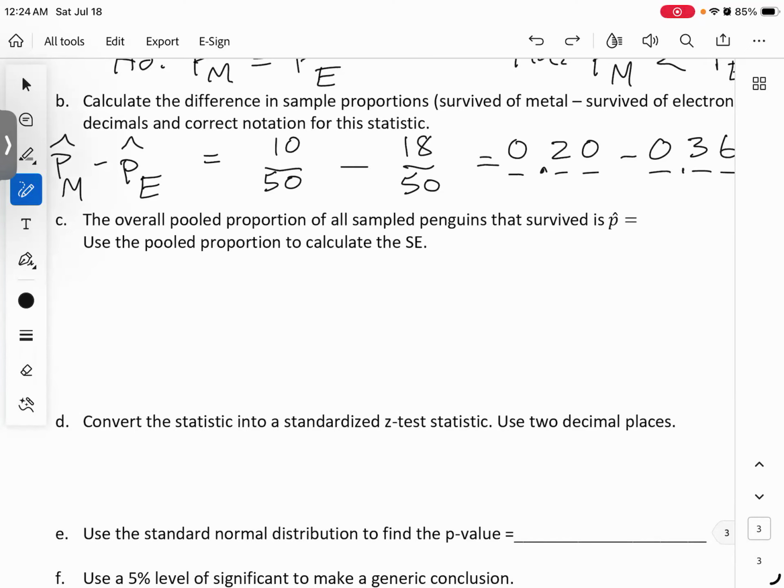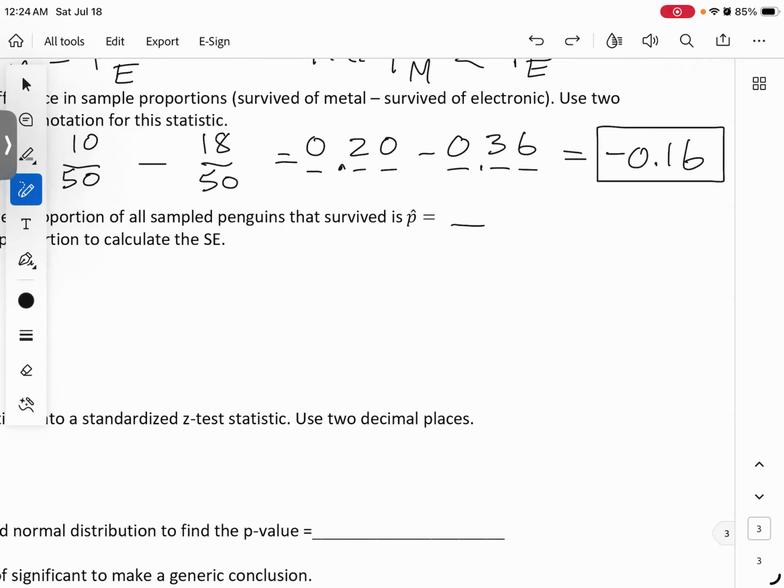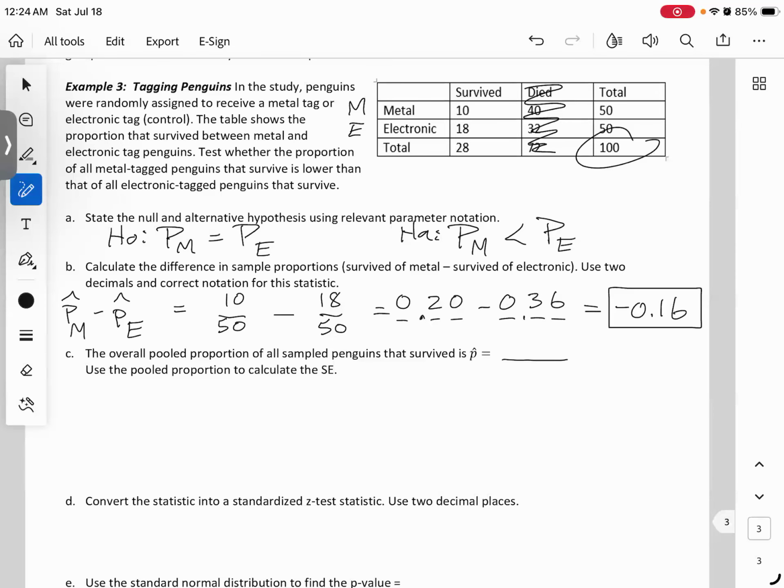It says the overall pooled proportion of all penguins. How many total penguins were there? There were 100. And of those 100, how many survived? 28. So this would be 0.28, which is the pooled proportion. The idea is, suppose that whether a penguin wears a metal tag or an electronic tag, it's not going to matter.